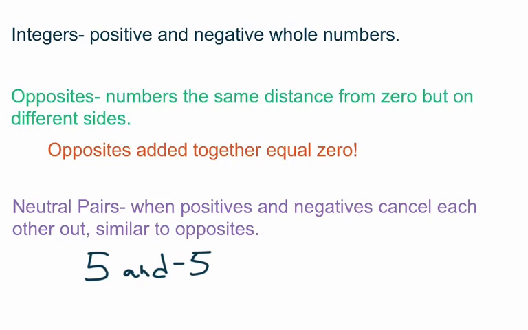Now, if we were adding 5 and -5, this would create neutral pairs, because a neutral pair is a positive and a negative that cancel out. If we have +1 and -1, add them together, that equals 0. That's always going to apply for opposites. So when we add +5 and -5, they cancel out because they create neutral pairs, and that equals 0.